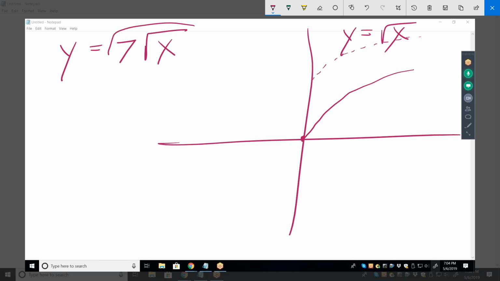This is a stretch, and that does change the shape of the curve. In other words, that point is still on the curve. When x equals 0, y is still equal to 0. But every other point is 7 times further away from the x-axis. Okay. So this stretched curve looks a little like that.